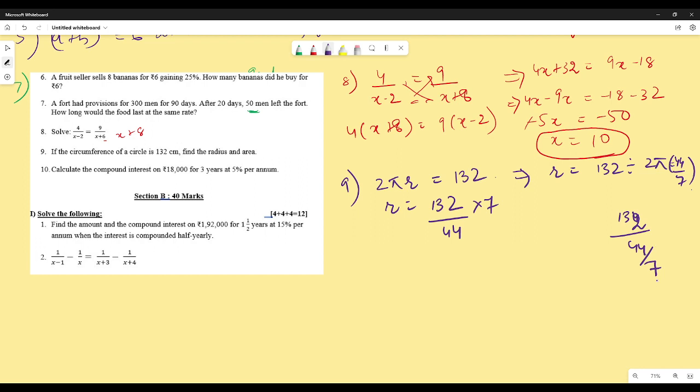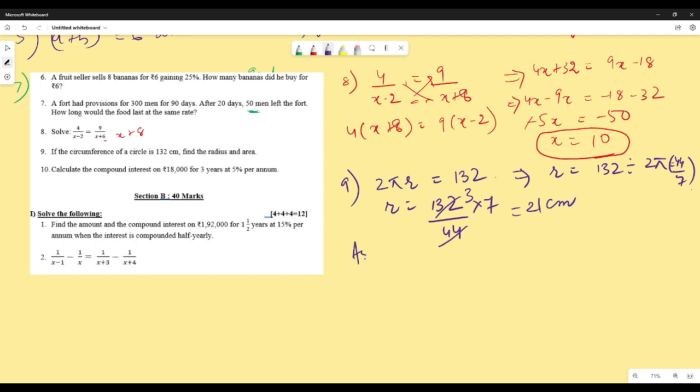So if you have these types of complex fractions, this last part moves to the numerator. This is how it is done. Remember, we did it in another sum as well. So this moves to the top. So that is why we are writing it this way. We are putting the 44 in the denominator and 7 in the numerator. Now 44 times 3 is 132. So that gives you the radius as 21 centimeters.